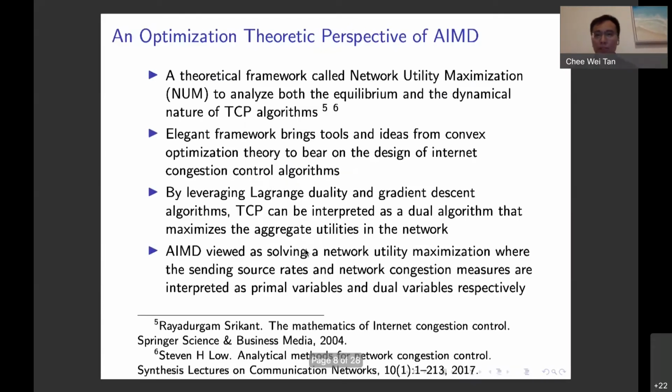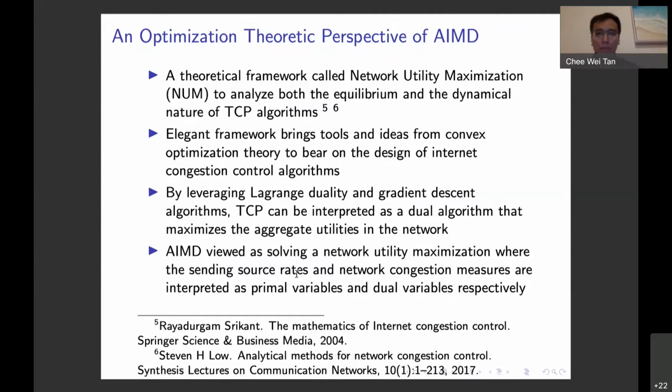Okay. For example, the first theory, which is on optimization, then says, hey, can not just two users, but many users in this internet cooperate together to share a common single bottleneck link. And we know by now, through the work from Srikant, Fernando Paganini, and many others, Steven Low, and so on, to see AIMD as solving implicitly a complex optimization problem.